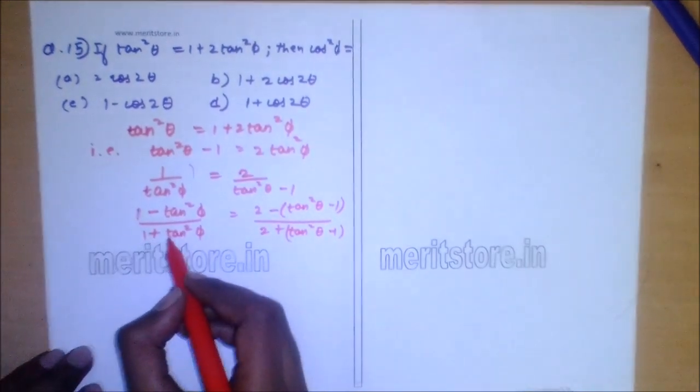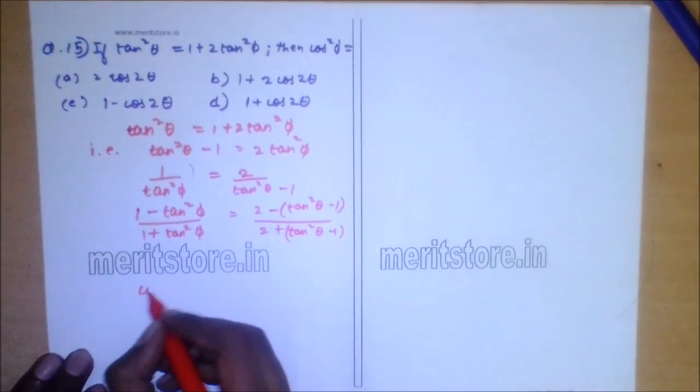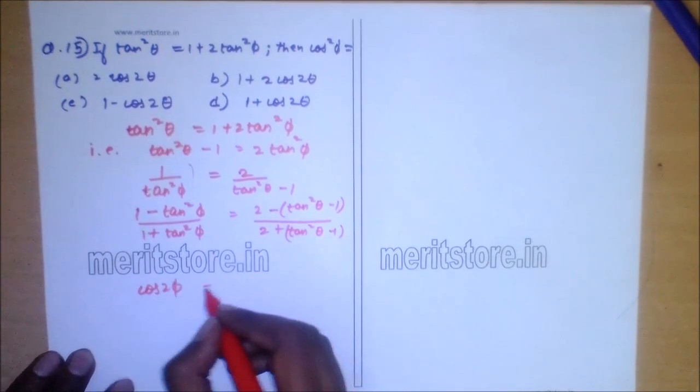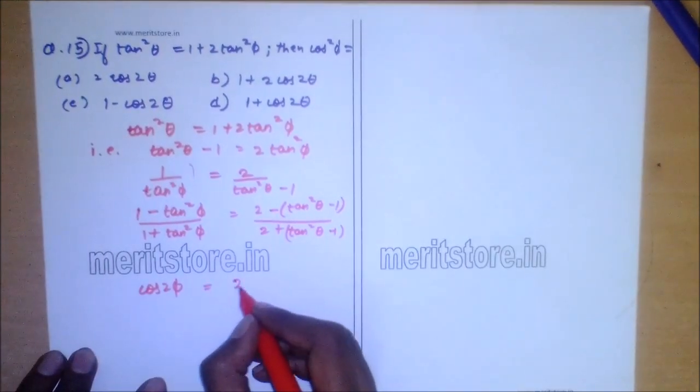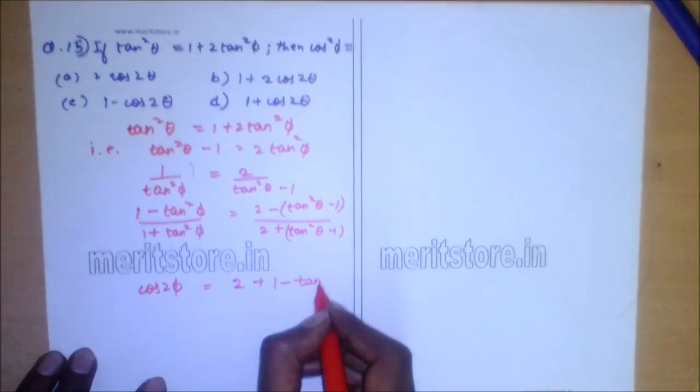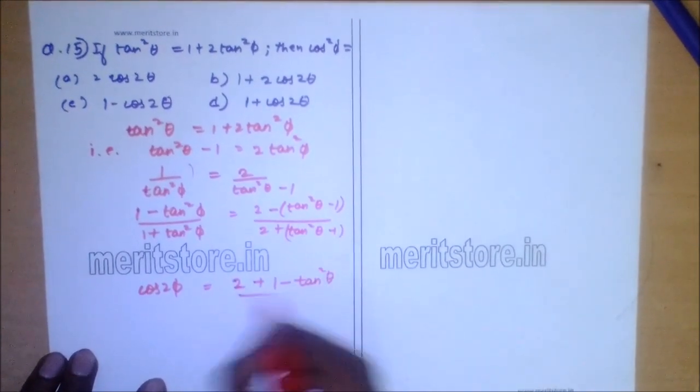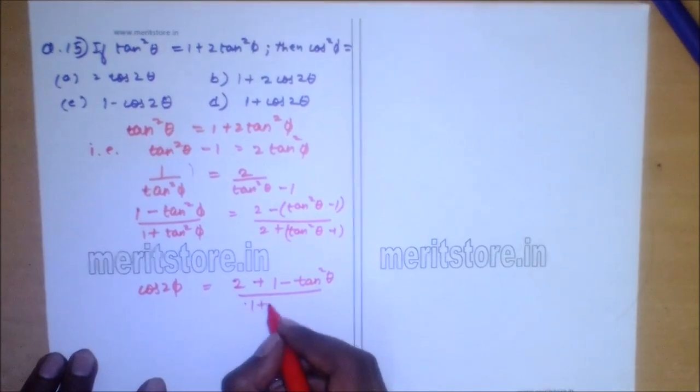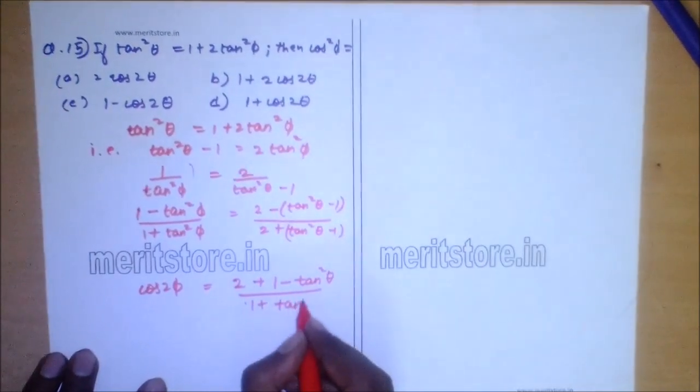So this is the formula for cos 2 phi. So this is cos 2 phi, and this can be rearranged into 2 plus 1 minus tan square theta upon 1 plus tan square theta.